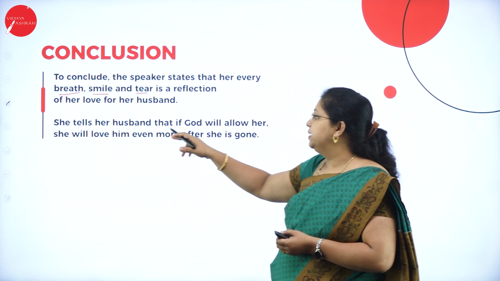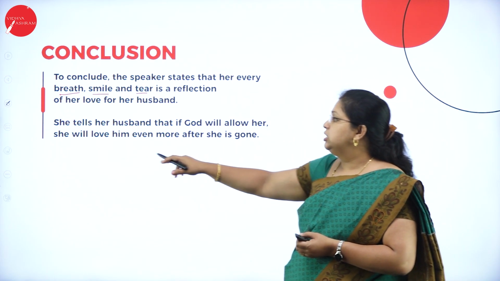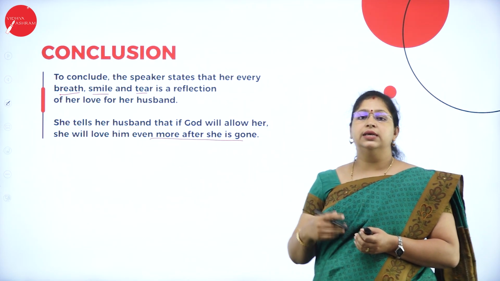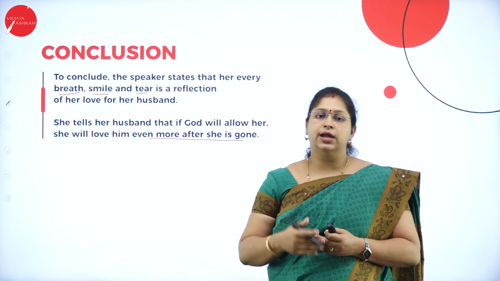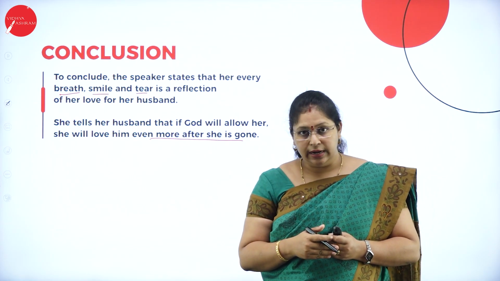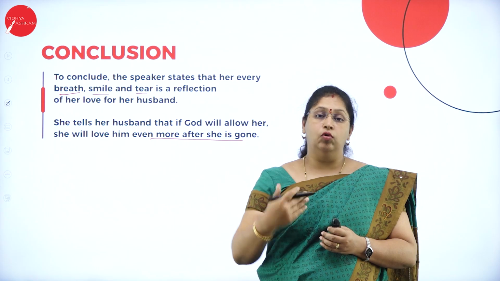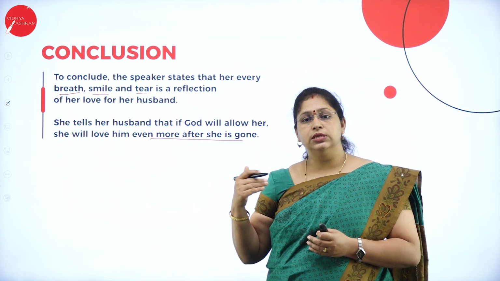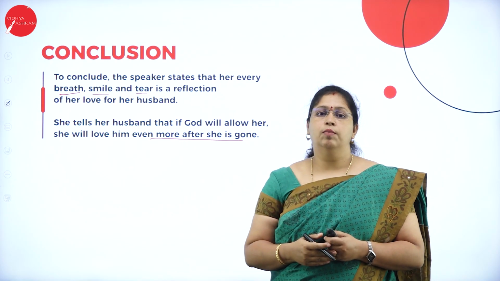She tells her husband that if God will allow her, she will love him even more after she is gone, that is, after her death. She will continue loving even after her death, and that love will be more than what she is loving now. Okay. So, this is the conclusion of the poem.